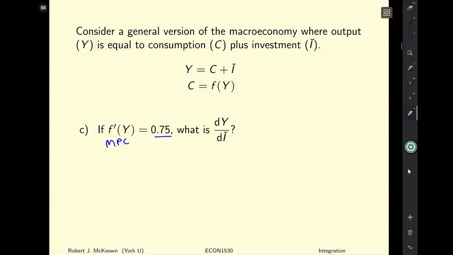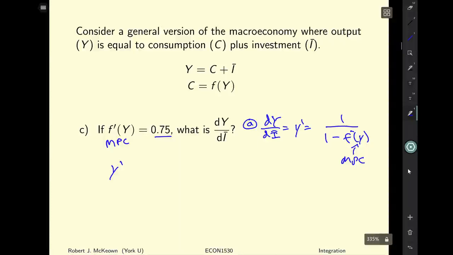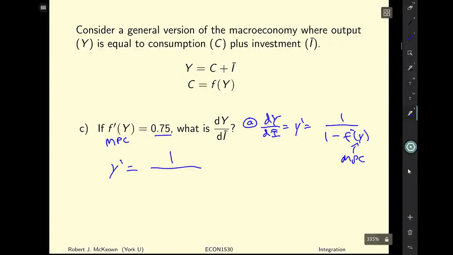And the answer to that is to take what we came up with in part A. So from part A, we had dY/dI bar, which we just had as Y prime, is equal to 1 minus f prime Y. So there's our marginal propensity to consume. And so Y prime is going to be equal to 1 over 1 minus 0.75, and that's equal to 4.